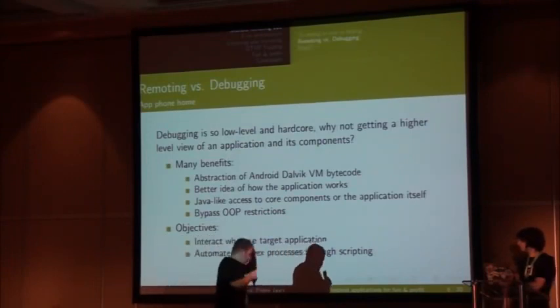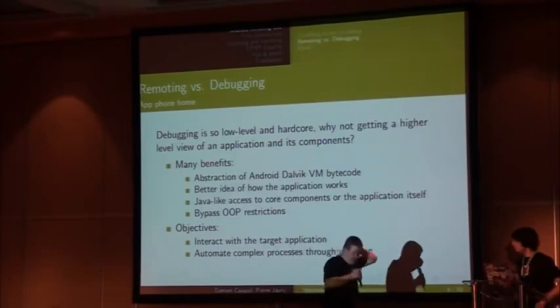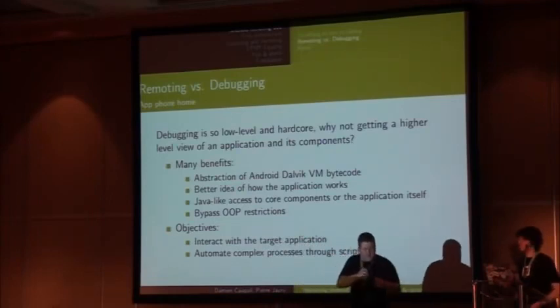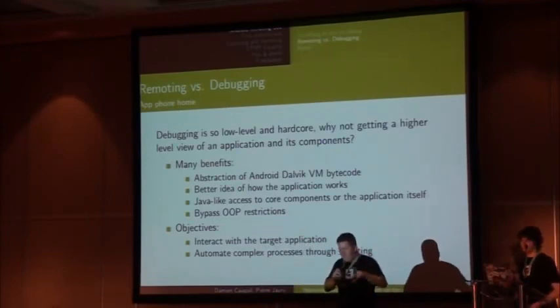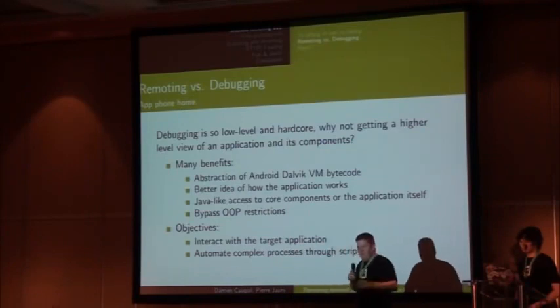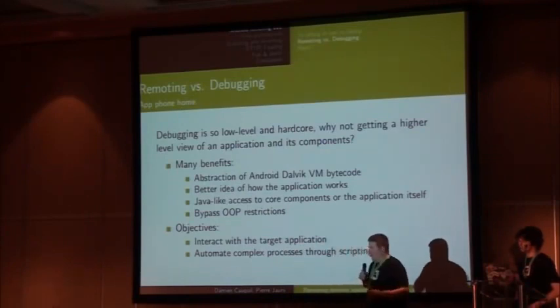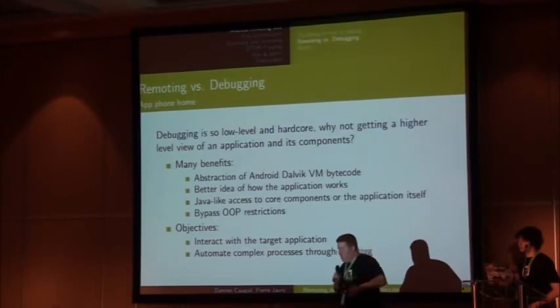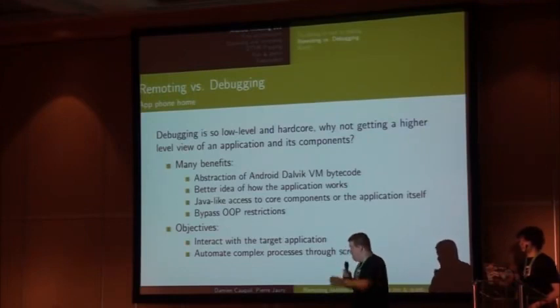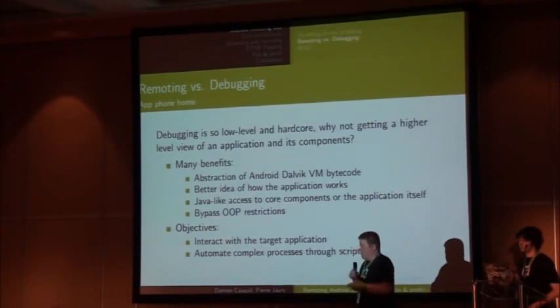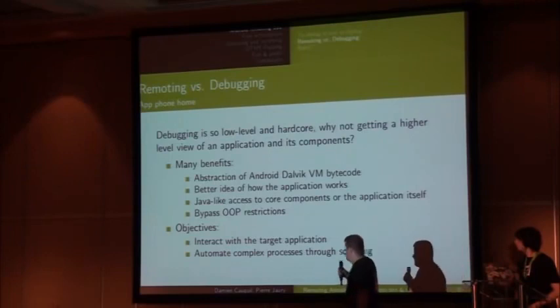So the idea behind Fino was to get a Java-like access to the application and be able to modify the behavior of the application, modify the core components, not by modifying bytecode or just properties, but by having such access as you have when you develop applications with Eclipse, for instance.